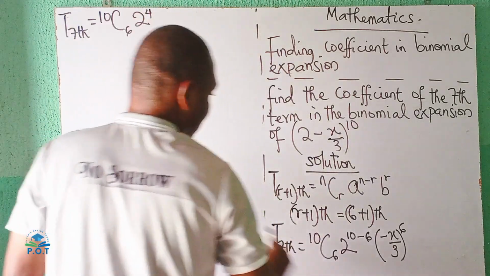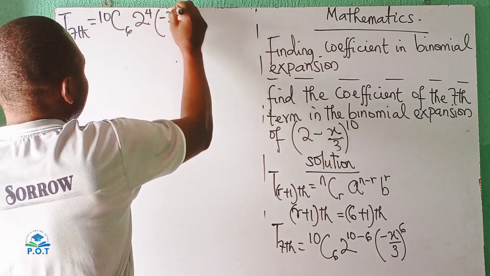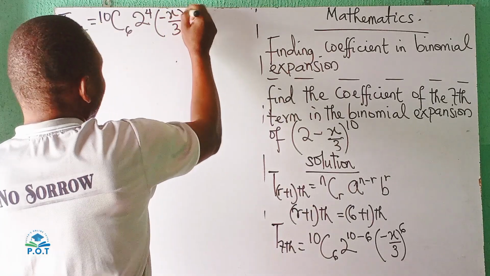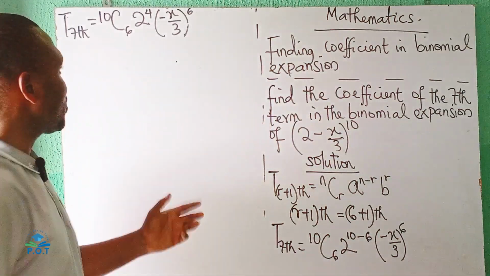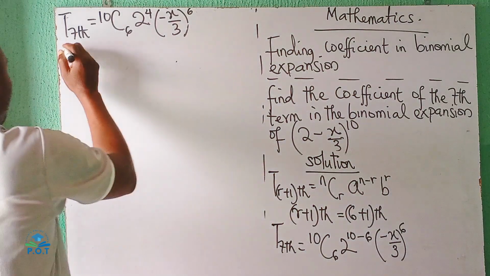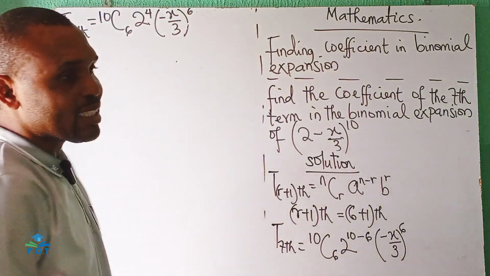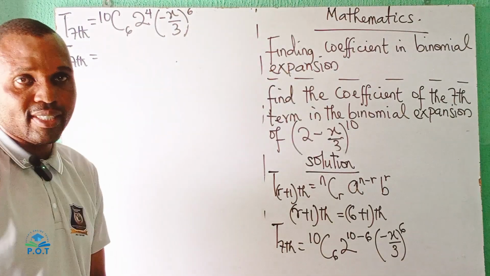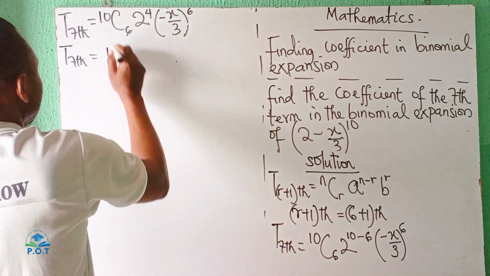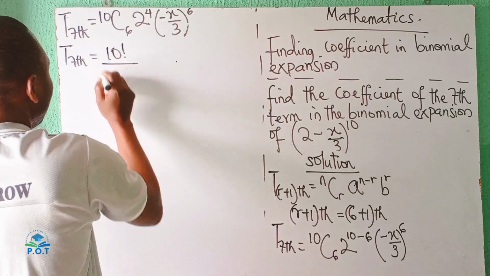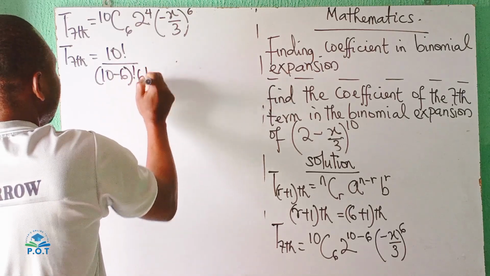Then bracket open minus x over 3, then raised to the power of 6. All right. Now, looking at what we are having here, we can still continue. So the 7th term equals, now, how do you write 10 combination 6? It's like this: 10 factorial over (10 minus 6) factorial times 6 factorial.